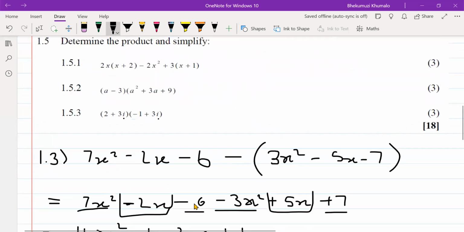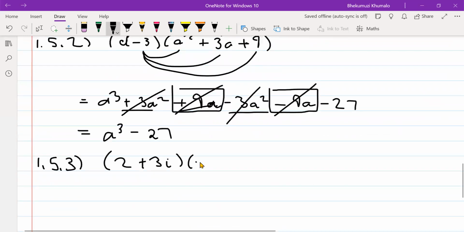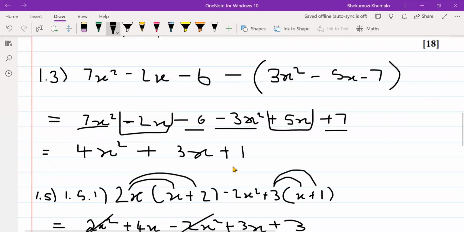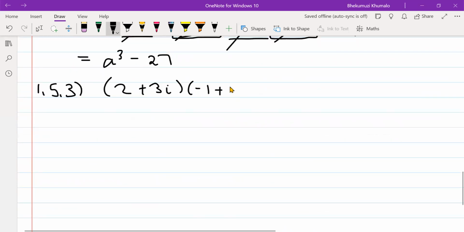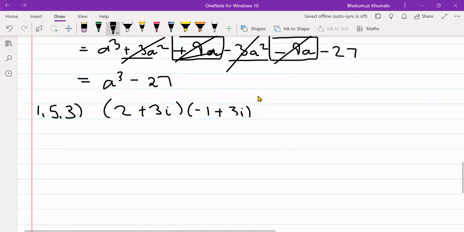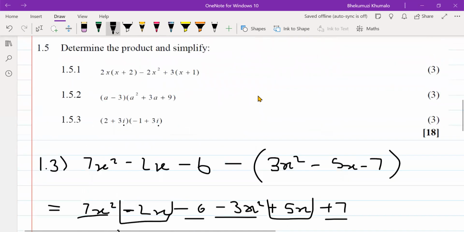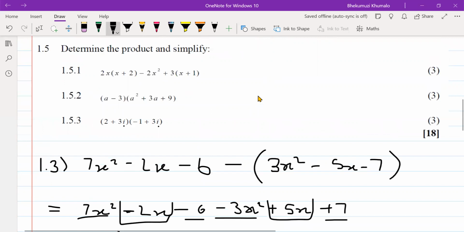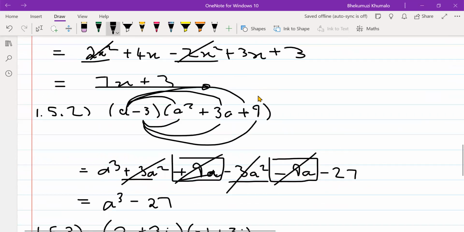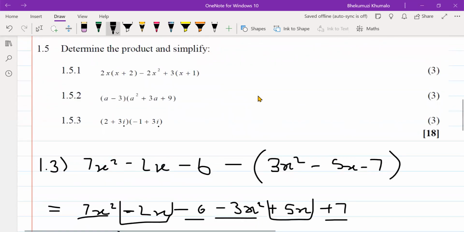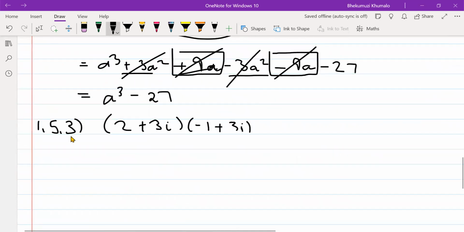And then it is negative 1 plus 3i. Let me just check, just in case I copied it incorrectly. Nope, it is 2 plus 3i, yes. Negative 1 plus 3i, yes.